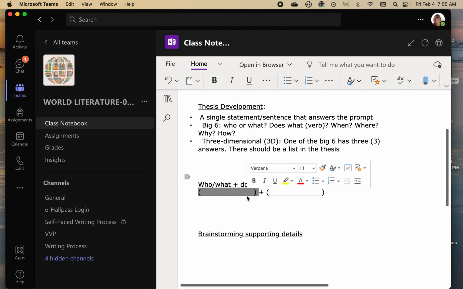And you'll notice those 2 are longer. And the reason they're longer is because they're often the longest part of the sentence. Like the who or the what is usually 1 or 2 words. Does what is usually 1 or 2 words. When, where, those are short phrases. But the why and the how are usually a little bit more complicated.